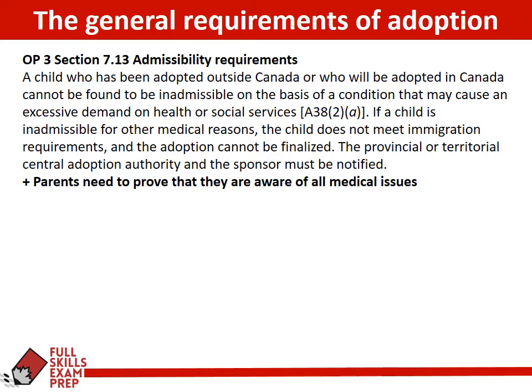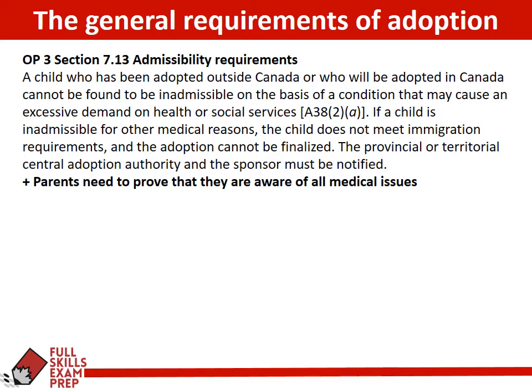When we look at those medical requirements as well, the child has to take a medical test, of course, and the parents have to prove that they are aware of all of the medical issues regarding the child. This is, of course, to make sure that the parents know what they're getting into.